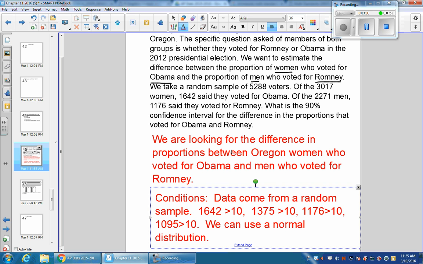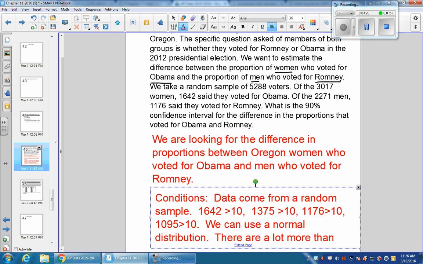And then we should look for independence. So since these all come from a larger population and we're taking a random sample, we have to check the 10%. So there are a lot more than the number of votes.